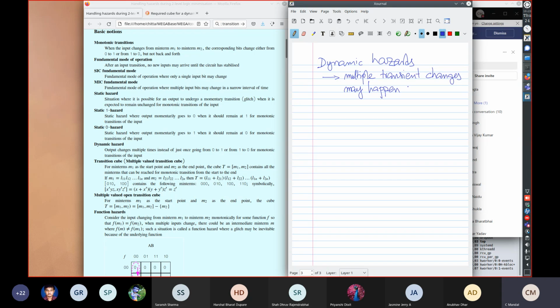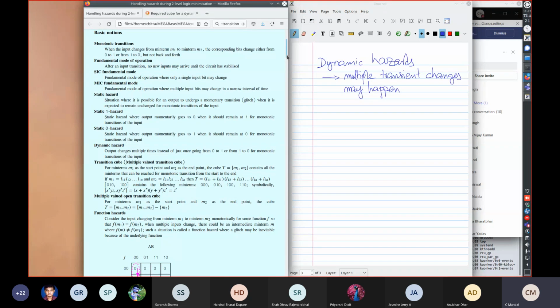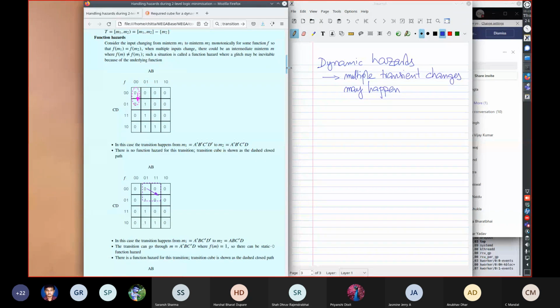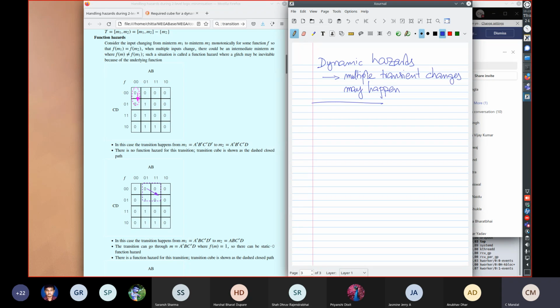Let us see some examples. First of all, let us understand the concept of function hazards.